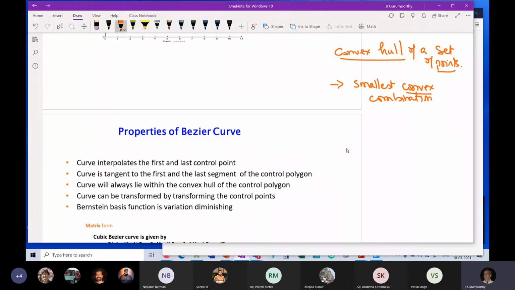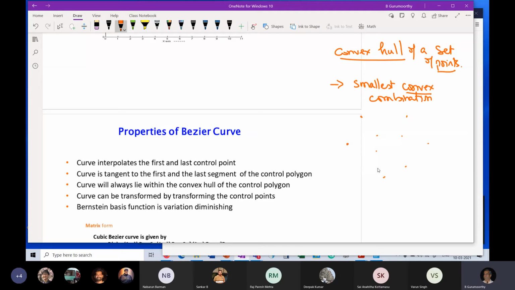So let me illustrate this for you. So let's say I take a bunch of points. So these are the set of points that I have, given in the plane of the screen of the computer. Now, physically, one way to think about this convex hull is that if you take a rubber band, think of these points having pins located at each of these points, all drawing pins stuck to them.